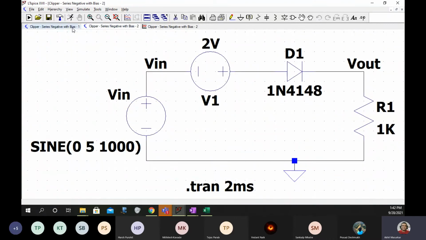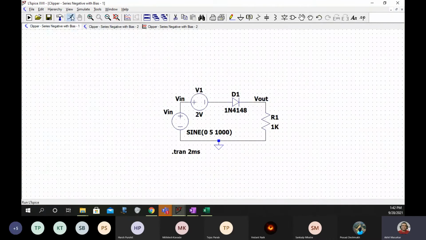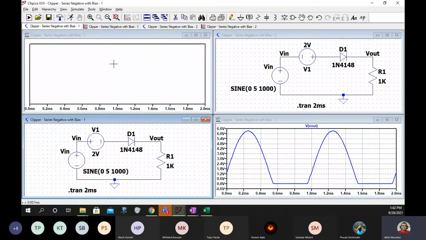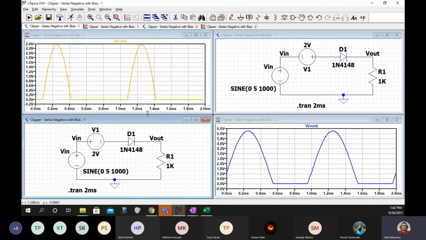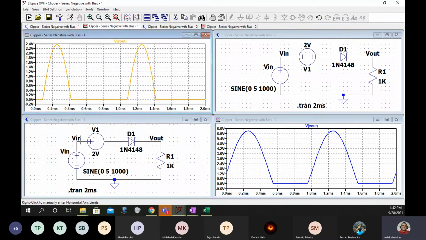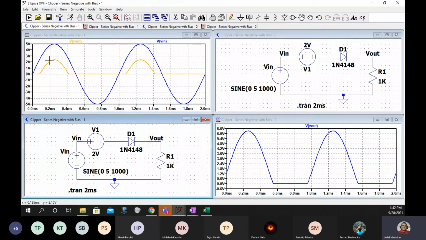And if I simulate the other circuit, I should get something similar. So here you can click here and you can simply click on this also. You don't have to always do add trace. Sometimes you can just take the liberty of touching here and you will get the same thing. So that's what we are getting here.